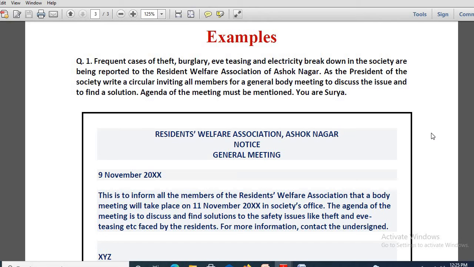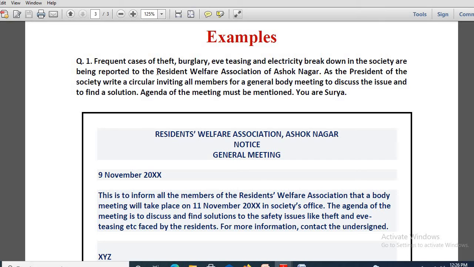So this is a very important question. It is related to the current situation, a current affair you can say. Frequent cases of theft, burglary, eve-teasing, and electricity breakdown in the society are being reported to the Resident Welfare Association of Ashok Nagar.